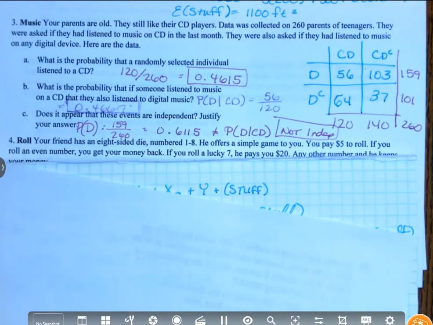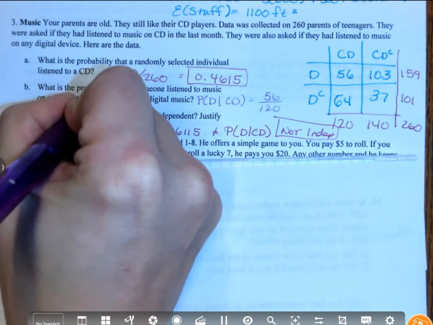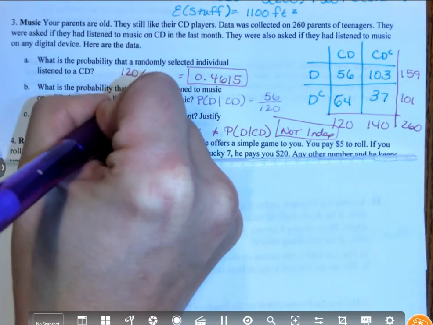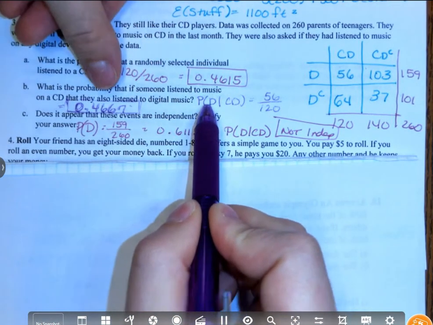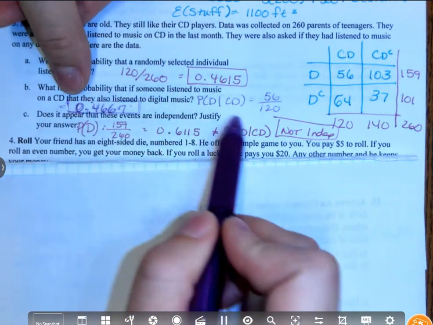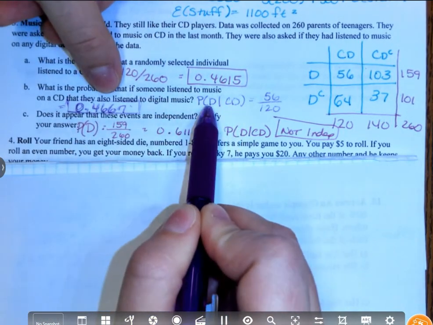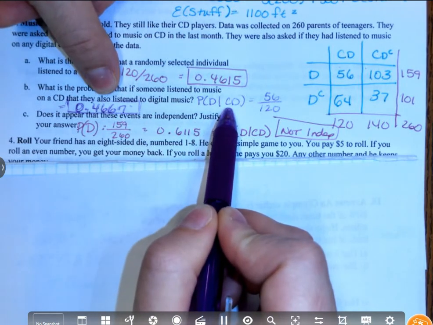Number 3, the probability was 0.4615. For B, probability that it's digital. If they listen to music on a CD, that means we already have CD. What's the probability that they listen to digital music? That's the probability of D, digital given CD.